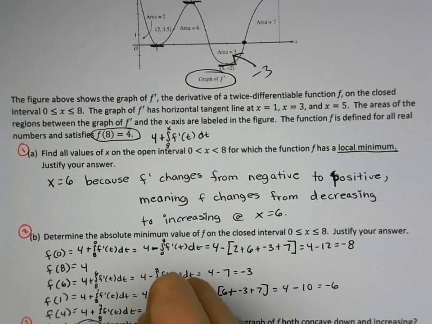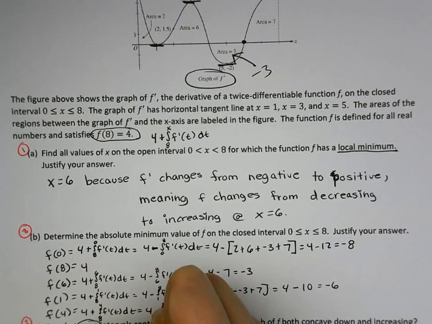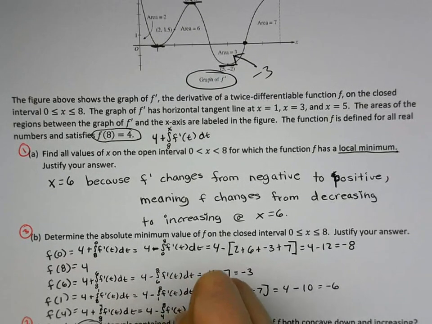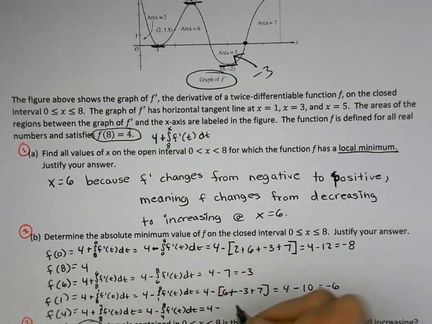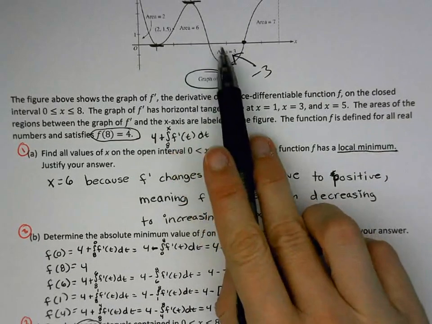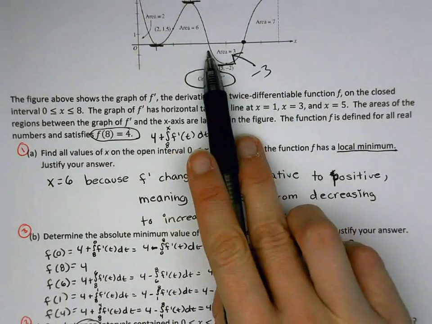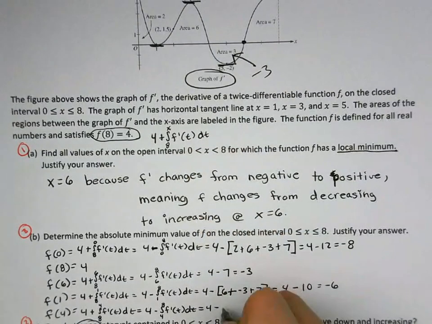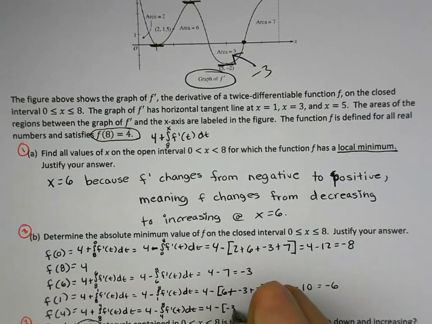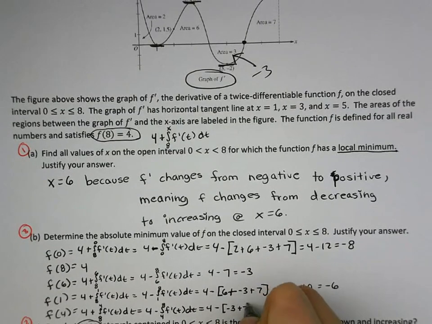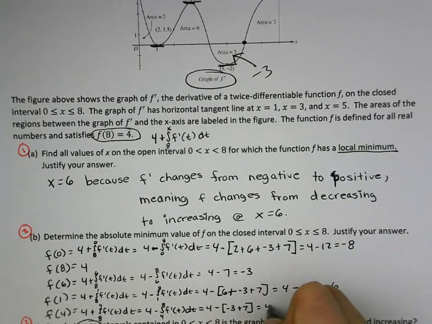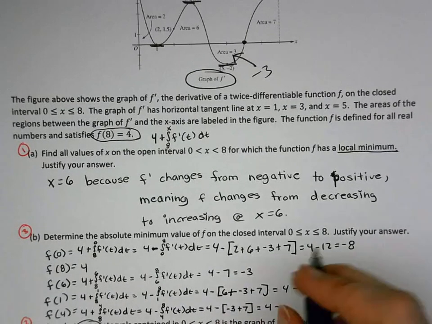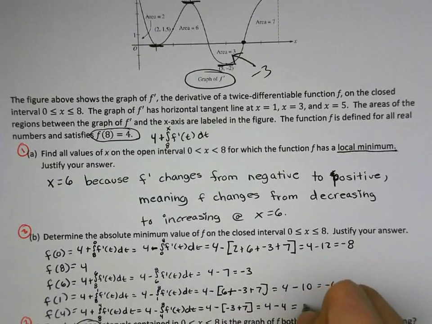4 minus 4 to 8. And then 4 to 8 is this region here, so 4 to 8 would be the negative 3 to 7, which is 4 minus negative 3 plus 7 is 4, which is 0.